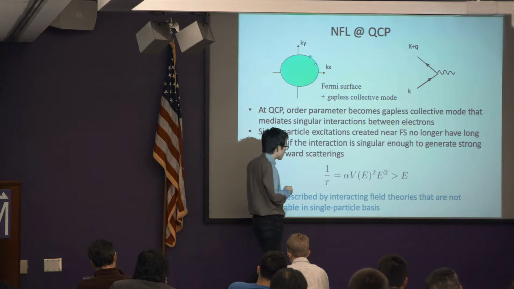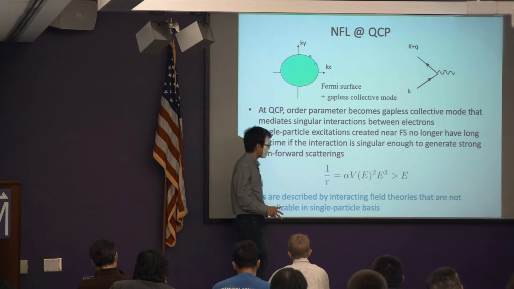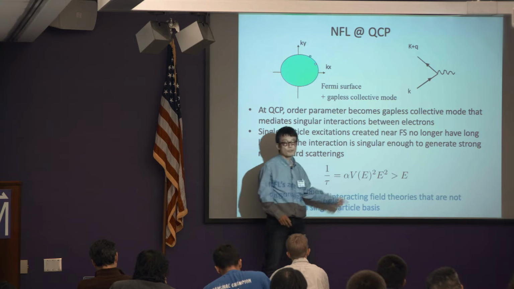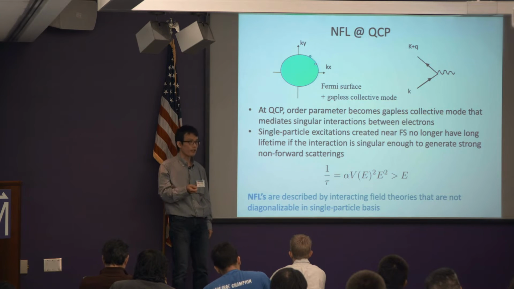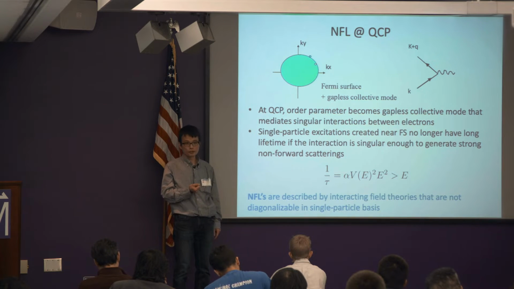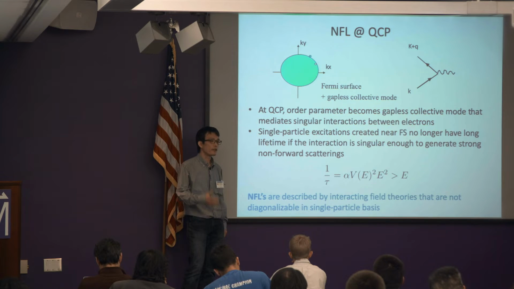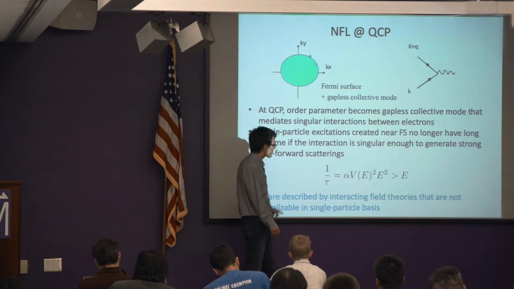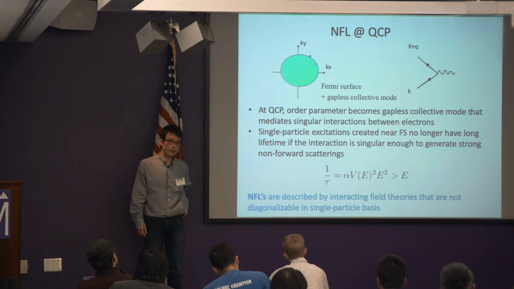And although there is still limited phase space that goes down as E squared, if the interaction vertex is strongly energy dependent in the small energy limit, then that can enhance non-forward scattering, the momentum-changing scattering of electrons, and that can destroy coherent quasi-particles.